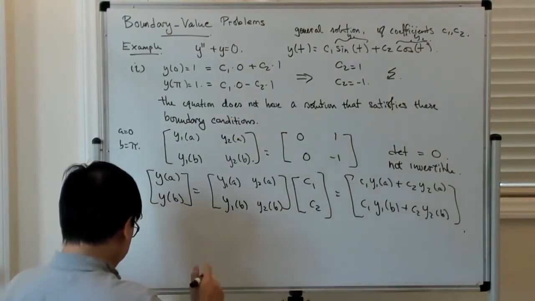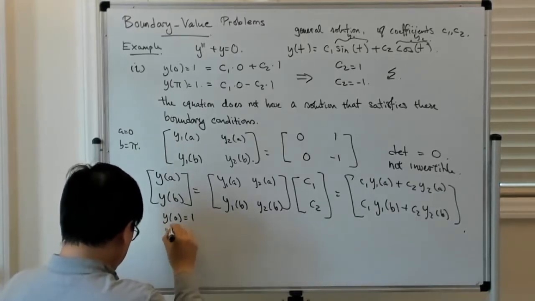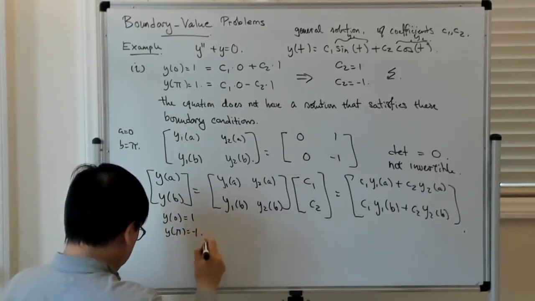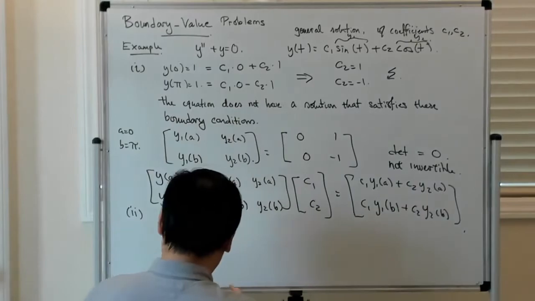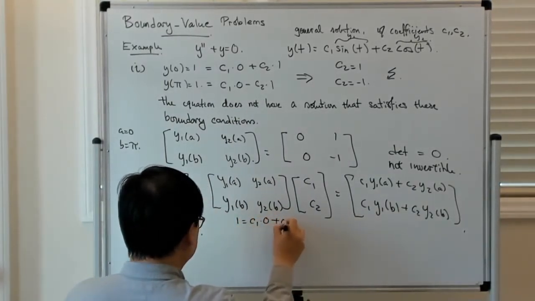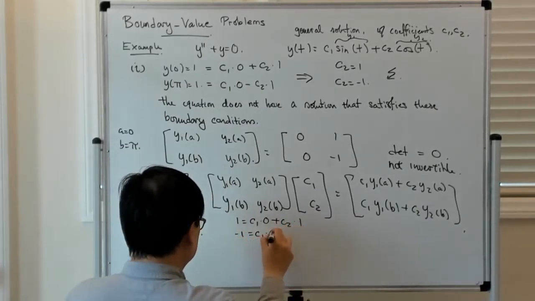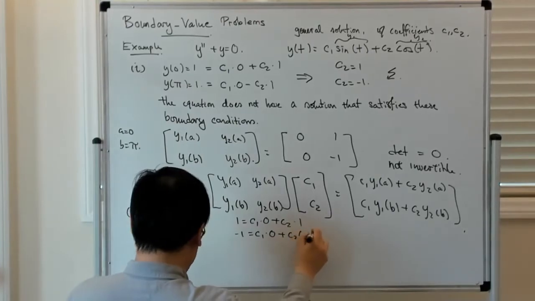If you had y of 0 equal to 1 and y of pi equal to -1, then your condition is that 1 is equal to c1 times 0 plus c2 times 1, and -1 is equal to c1 times 0 plus c2 times -1.